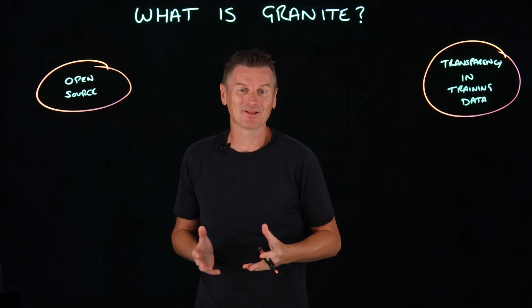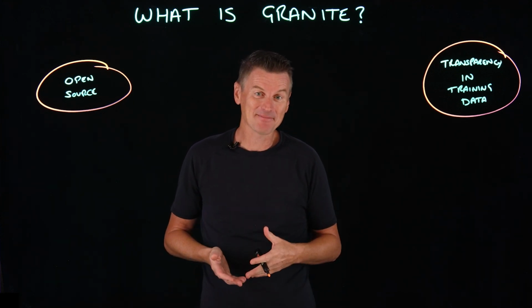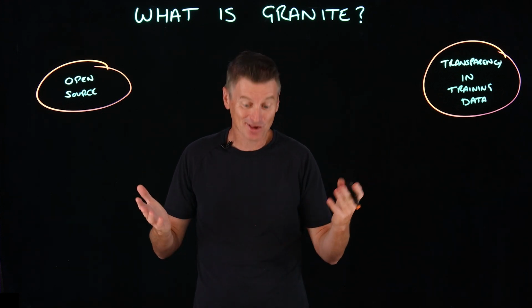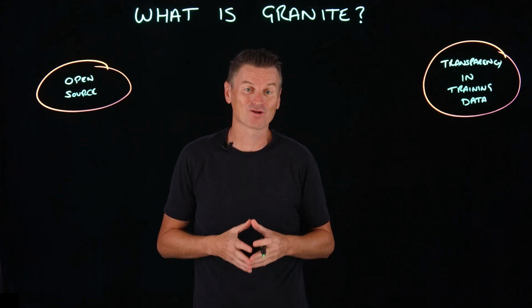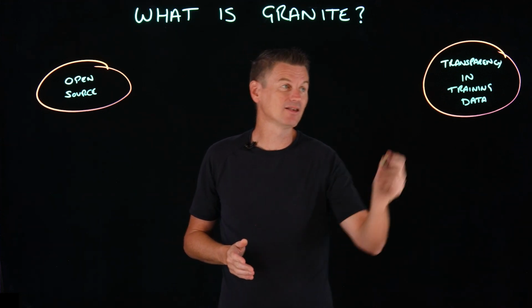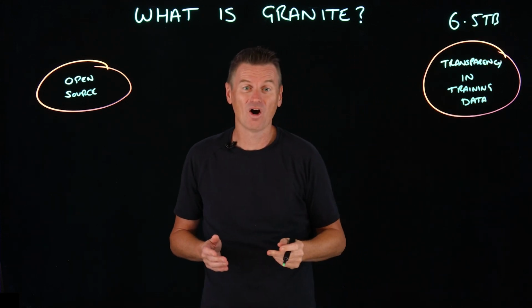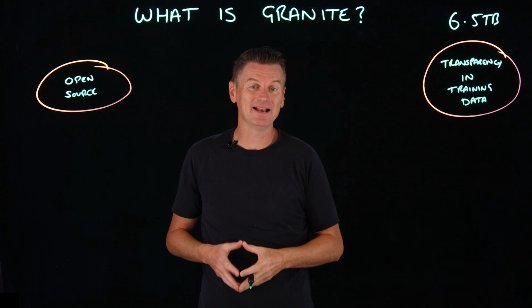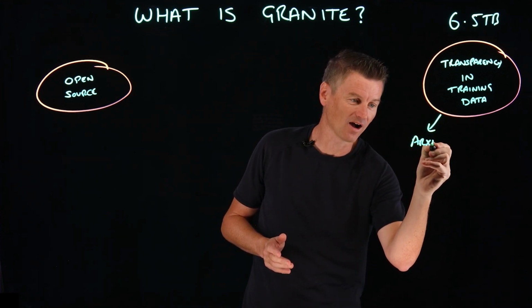Granite language models are trained on trusted enterprise data, spanning academic, code, legal, and finance data sources. For example, the first 13 billion parameter Granite LLM was trained on about 6.5 terabytes of data. That includes 1.8 million scientific papers that were posted on arXiv.